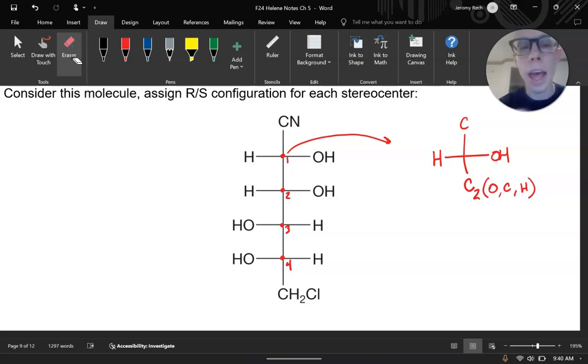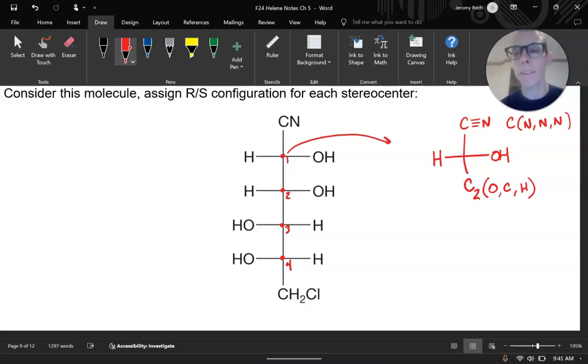I wrote just CN, but a cyano is a triple bond to a nitrogen. So in terms of writing it, we're going to write a carbon connected to a nitrogen, connected to a nitrogen, connected to a nitrogen. It's going to be 3 separate nitrogens because there are going to be 3 different bonds. So let's rank these through our Kahn-Ingold-Prelog rules.